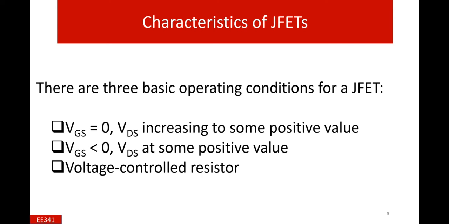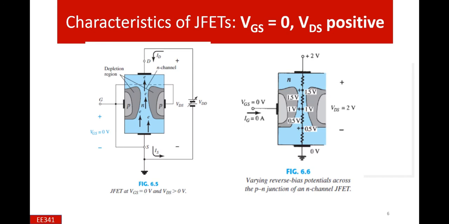The last point will be the voltage controlled resistor, and definitely what type of resistance is affecting it will be the last point of the lecture. This is the basic discussion of the last lecture.